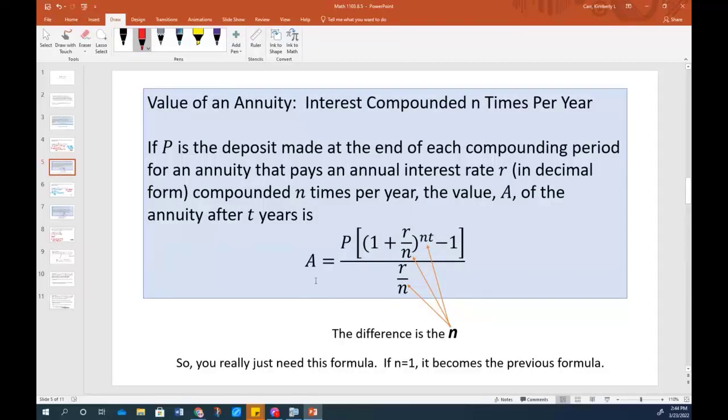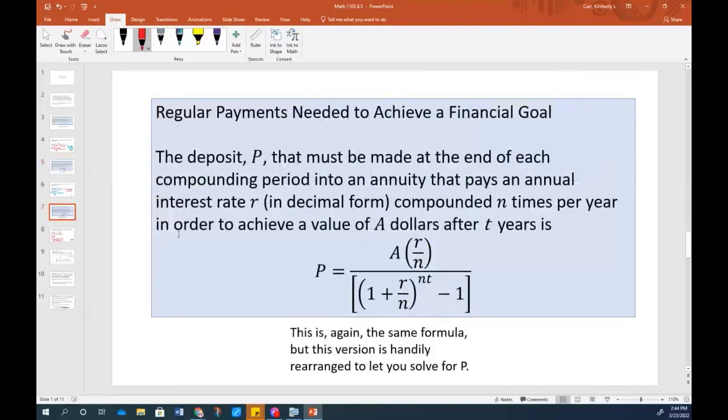On the other hand, instead of trying to find the value of the annuity, if you're trying to find how much the periodic deposit needs to be in order to achieve a financial goal, you want to use this formula that's rearranged for P. We only have one rearrangement of it, but on the one I did, the N ended up being a number 1. But at any rate, that's to calculate that. However, when you are finding P on this particular one, this is the one where you've got to say round up. Round up.